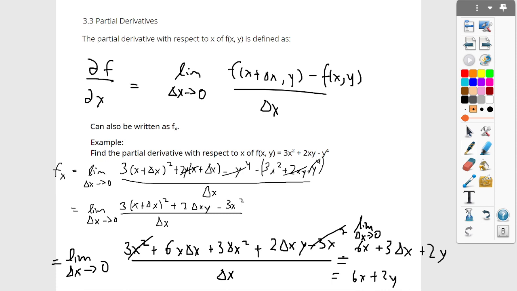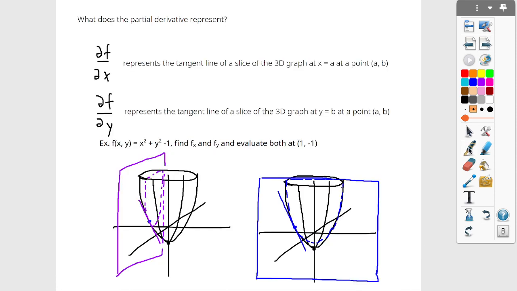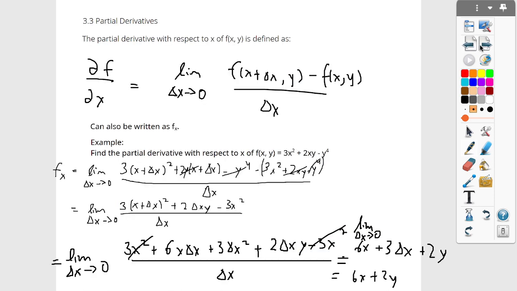The derivative of a constant is 0, so it disappears. 3x squared is differentiated normally; the derivative of that is 6x. And 2xy, y is treated as a constant, so the derivative of 2x is 2, and multiply that by y is 2y. So 6x plus 2y. So that's how we are going to be calculating the derivatives.